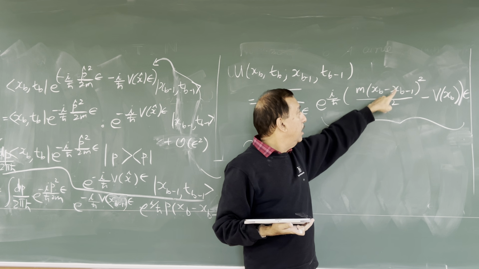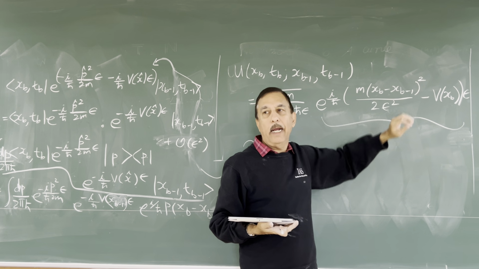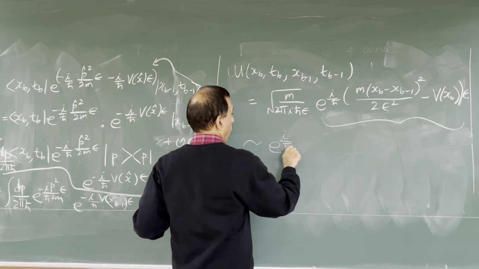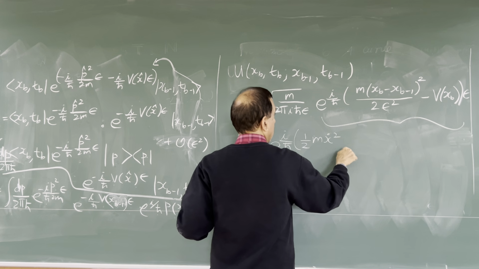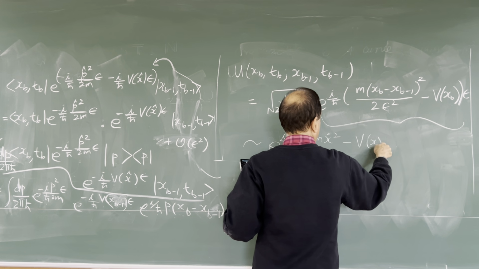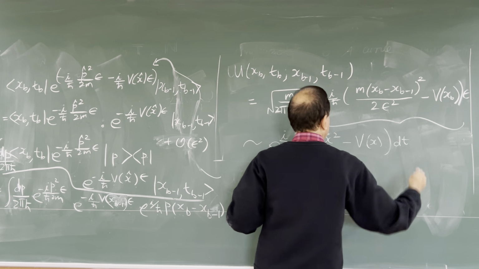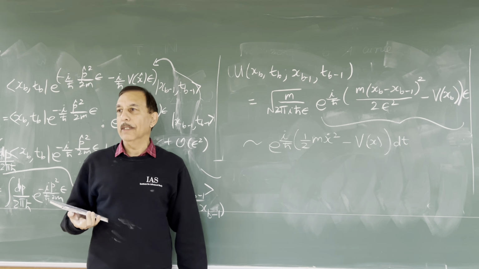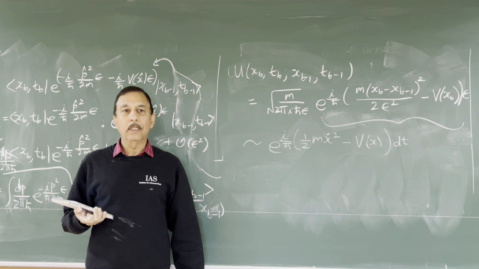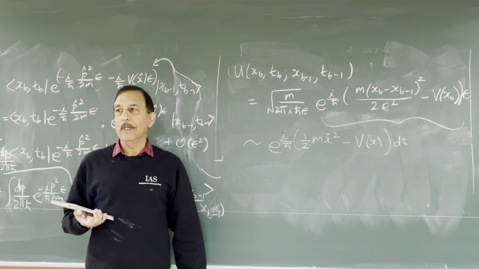So this is like dx by dt whole squared, or x dot squared. So I have got half m x dot squared minus V of x, dt. And something quite miraculous has happened. What? We got the Lagrangian, though we started with the Hamiltonian.